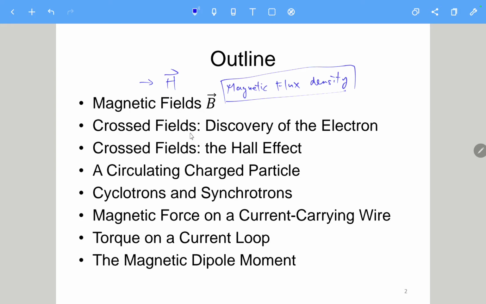If we have a uniform E field and a uniform B field perpendicular to each other, there will be some interesting phenomena. Then we'll also talk about an experiment called the Hall effect. It tells you that the moving charge in the conductor should be negative charge.